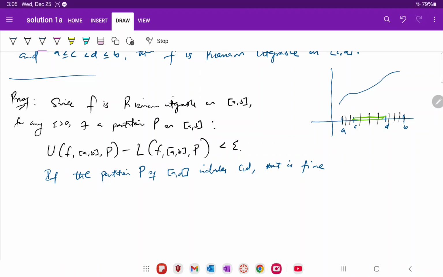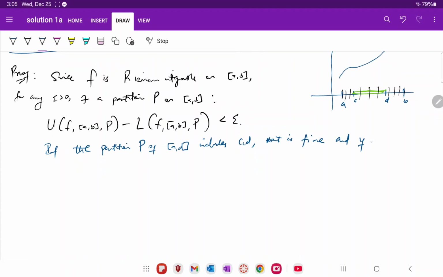And then if not, let's define a partition P prime of a, b that includes the points c and d.